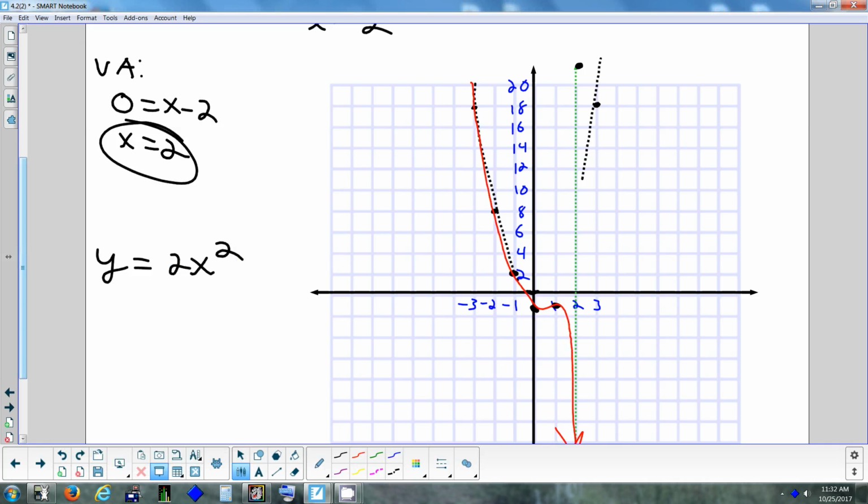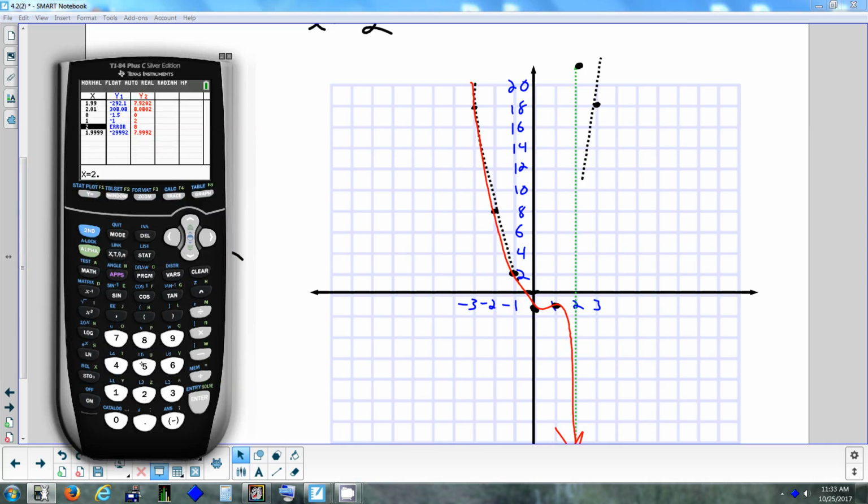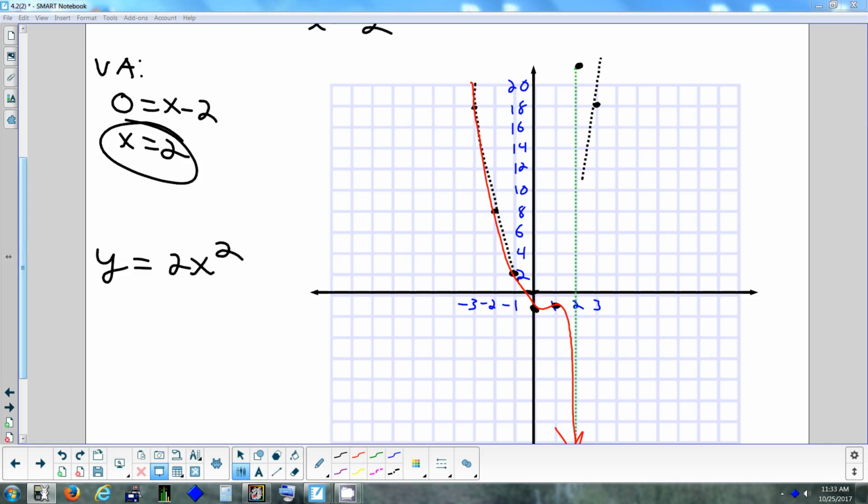Now, the other section, I'm going to plug in 2.5 just to figure out one more point. 2.5, I'm at 18.5. So maybe somewhere right around there. So I know I'm trapped in this V section right there.